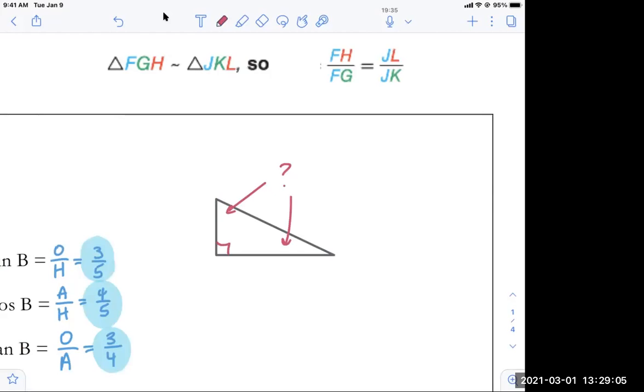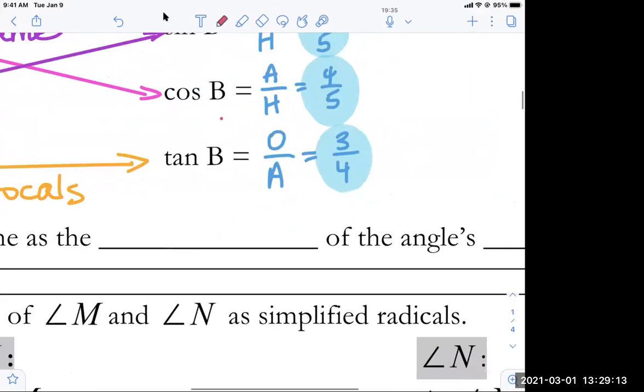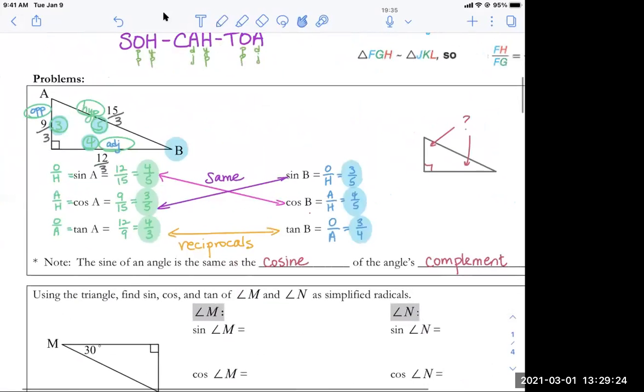You take out the 90 for the right angle, the leftovers have to add up to 90. So in a right triangle, the sine of an angle is the same as the cosine of the angle's complement. All that's saying is that the sine of A is the same as the cosine of B, and the cosine of A is the same as the sine of B.